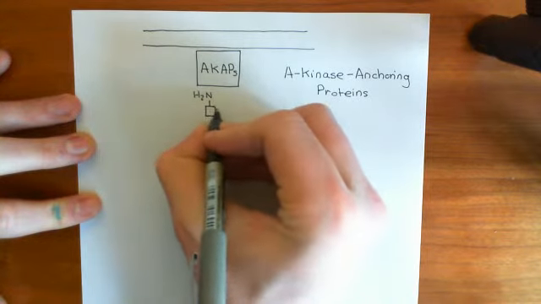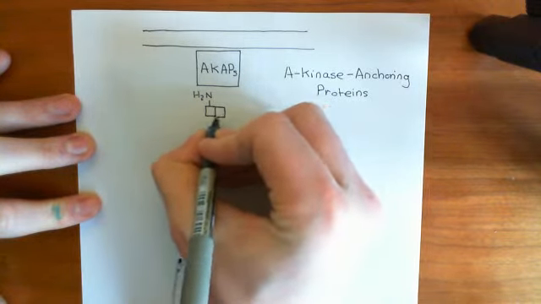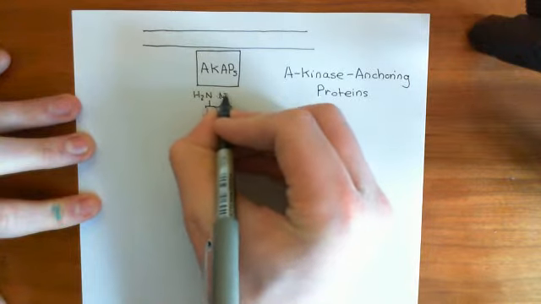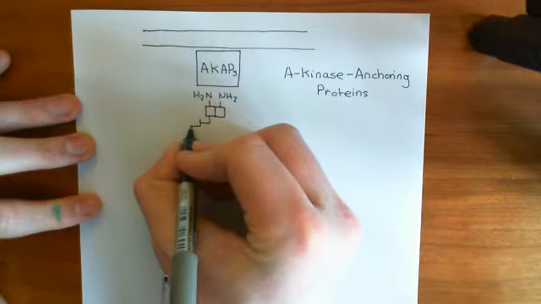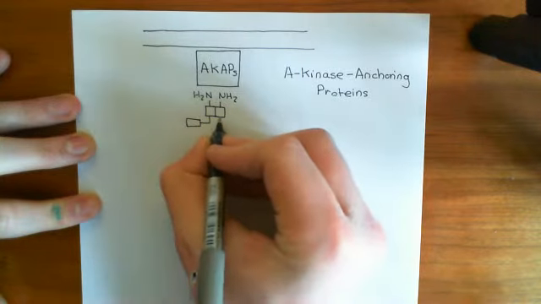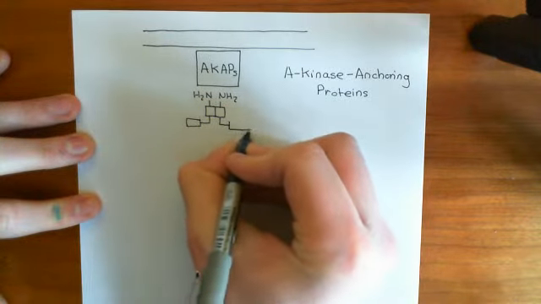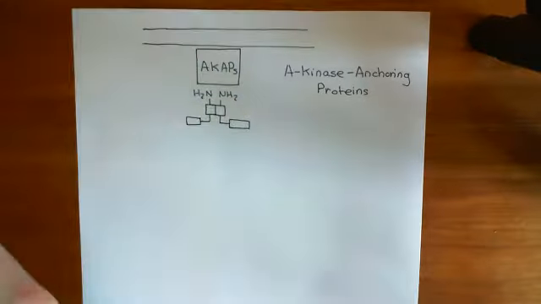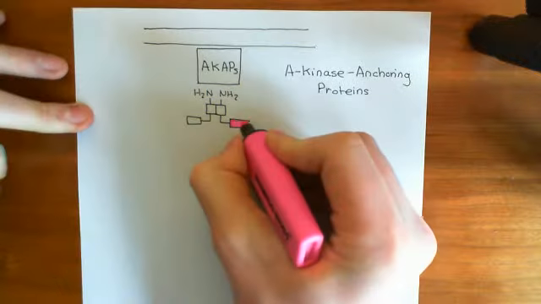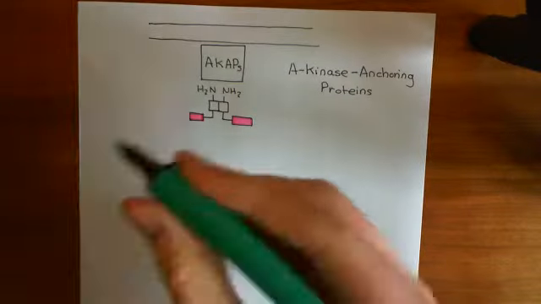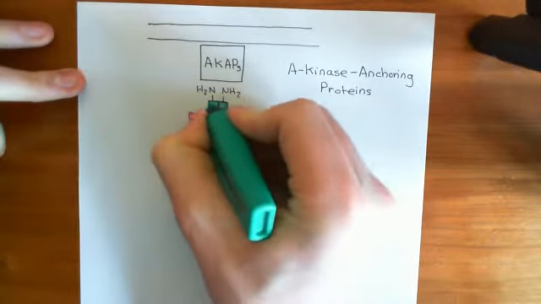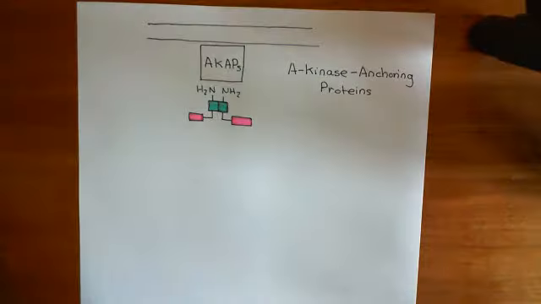Here is the docking and dimerization domain, which will be dimerized with another docking and dimerization domain of another regulatory subunit. Okay, and then it will continue on. We'll have the protein kinase A inhibitor sites here. So let's color this in. Okay, so in purple here are the protein kinase A inhibitor sites. In turquoise here are the docking and dimerization domains.